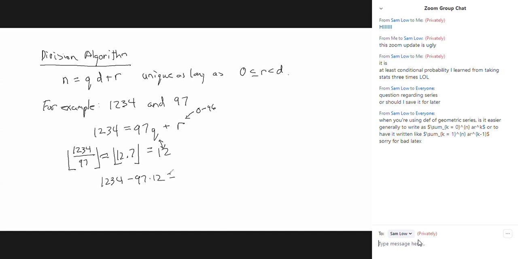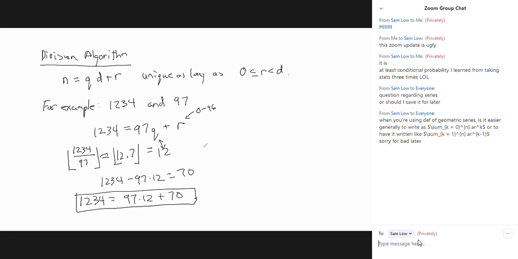And what does that equal? 70. So 1234 equals 97 times 12 plus 70. So that's the division algorithm form of that number. Any questions about that?